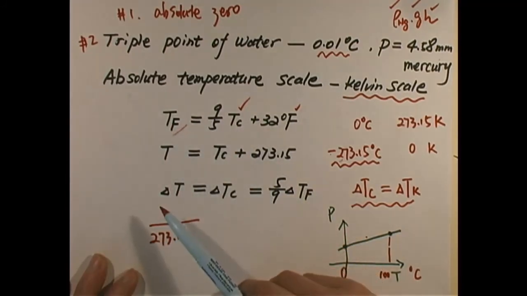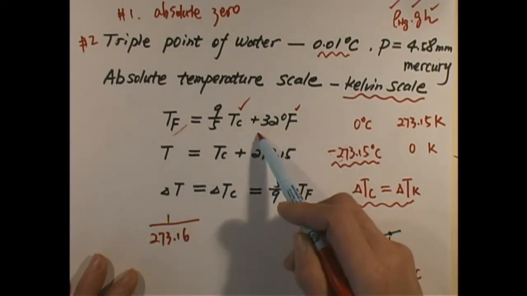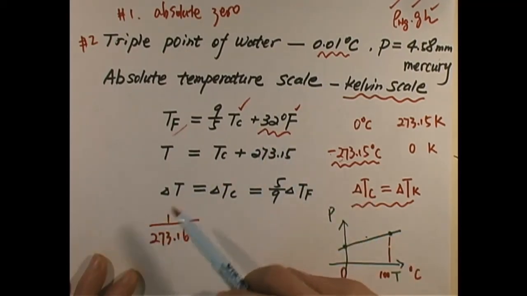Oh, by the way, how did people define the Fahrenheit scale? Well, for a system of ice-water mixture exposed to air pressure, we define this ice point as 32 degrees Fahrenheit. At that time, Celsius defined it as 0.